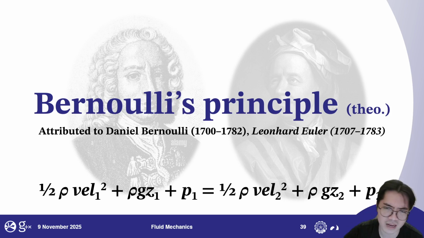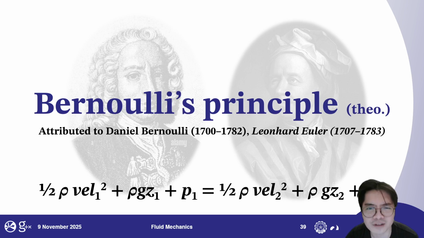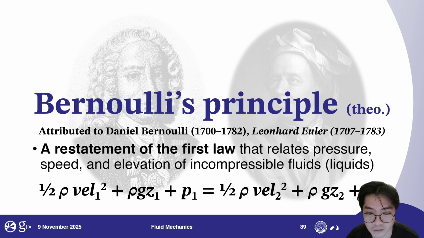It's all his. But Bernoulli's principle is really just a restatement of the first law. I just want to show you guys that this is indeed just the first law, in a very confined, very special manner.